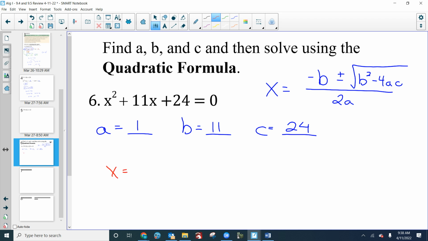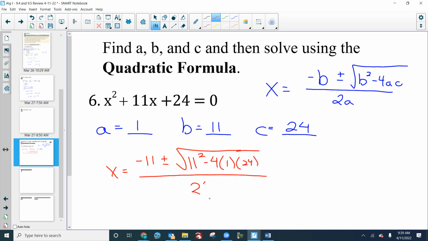Remember, negative B could also be read as the opposite of B. So if B is negative, the opposite of B is going to be positive. If B is positive, the opposite of B is going to be negative. So it goes negative 11 plus or minus the square root of 11 squared minus 4 times 1 times 24, all over 2 times 1.